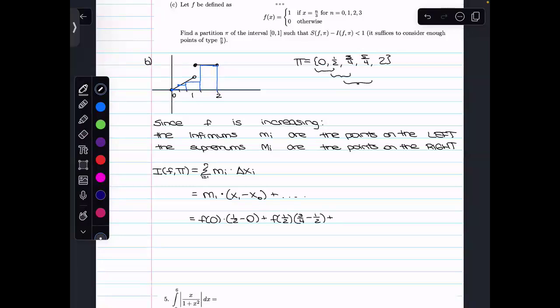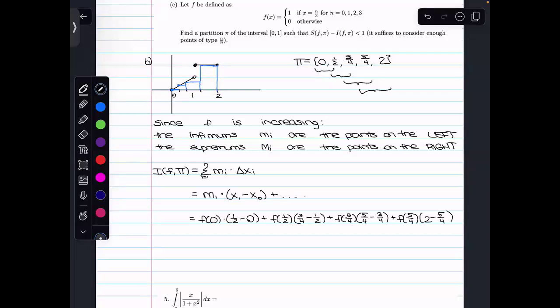Once again, we take the one on the left, plug it into the function, and then multiply by the length of that subinterval, which is 5/4 minus 3/4. And finally, the last one is going to be 5/4, and the length of that is going to be 2 minus 5/4.